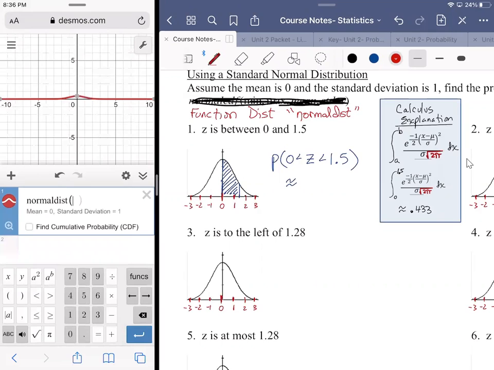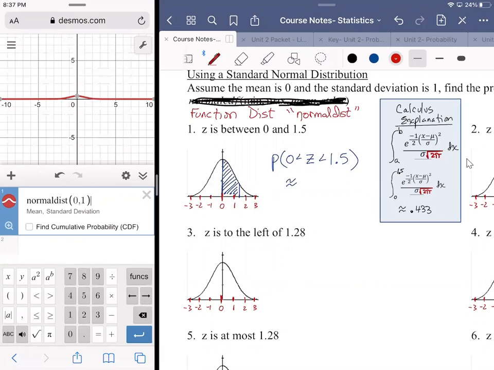Now it defaults to the mean and standard deviation of 0 and 1. I like to type it in anyway, though. So normal distribution 0 and 1 gives us the same picture.